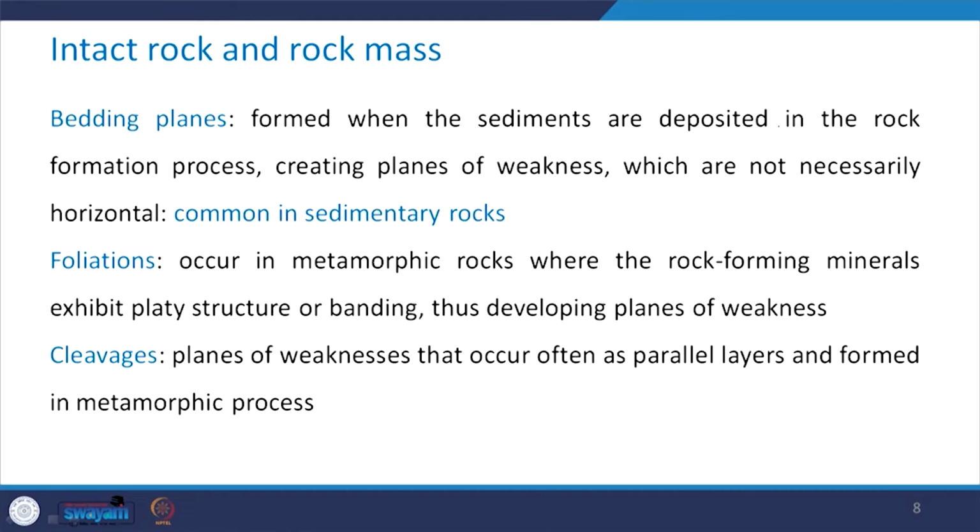As far as cleavage planes are concerned, these are planes of weakness that often occur as parallel layers, and they are formed in the metamorphic process. All these things we have discussed in detail with the help of pictures and relevant figures.